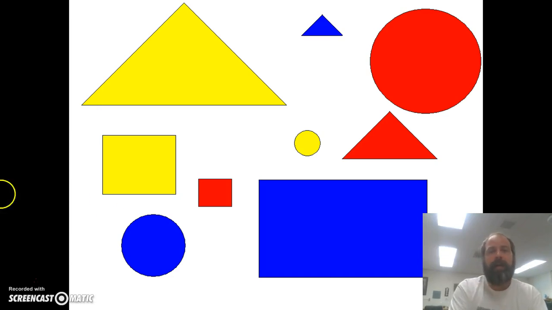Now, some of you guys might have classified these by color, which is fine. Grouped all the yellows, all the reds, and all the blues together, that's great. Some of you guys might have classified it by shape. That's fine too. And still others might have classified it by size, large, medium, and small. So these are skills that scientists use to help them interpret and study the natural world.